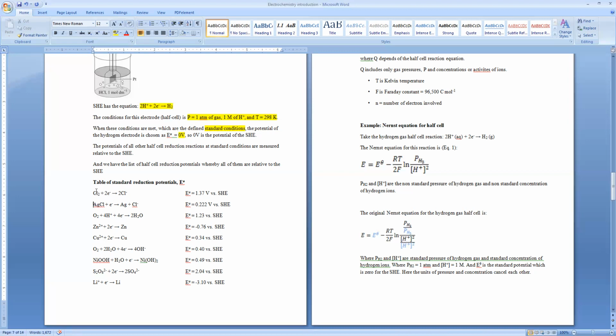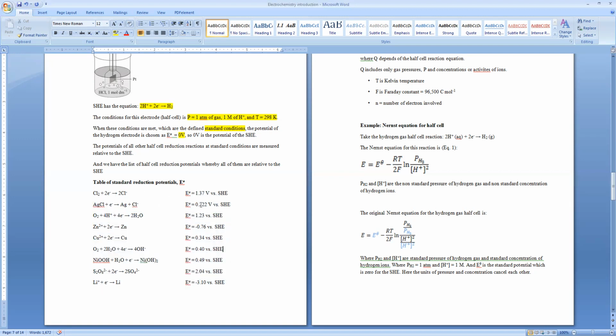When all of these reactions occur at 298 Kelvin, with an ion concentration of 1 molar, and if we have gases, 1 atmosphere pressure of gases, then these are the potential values.